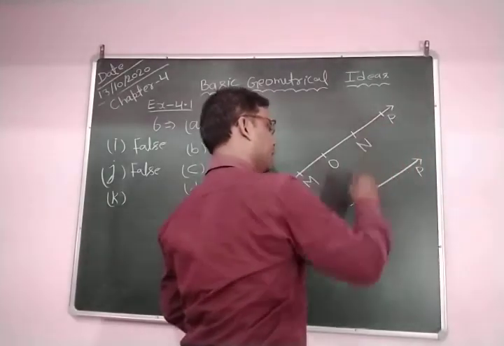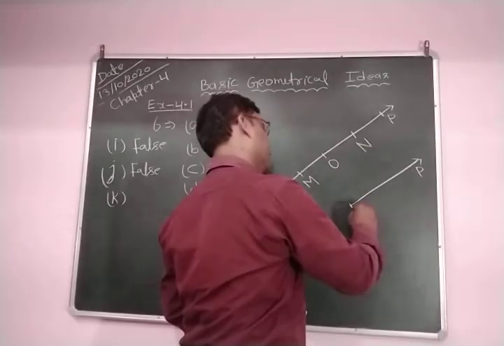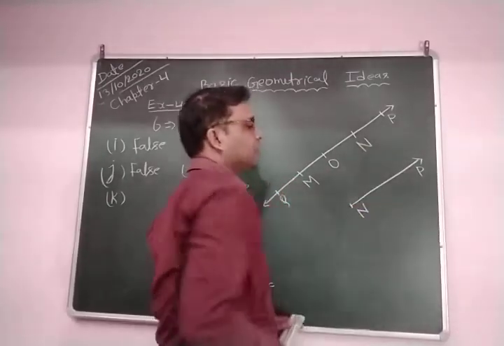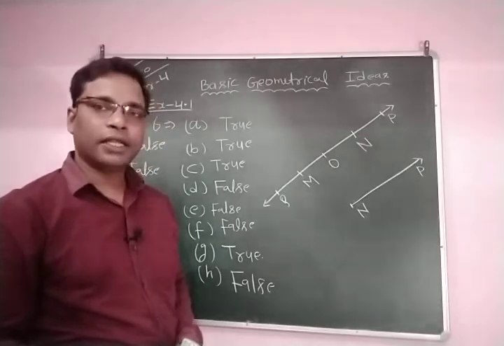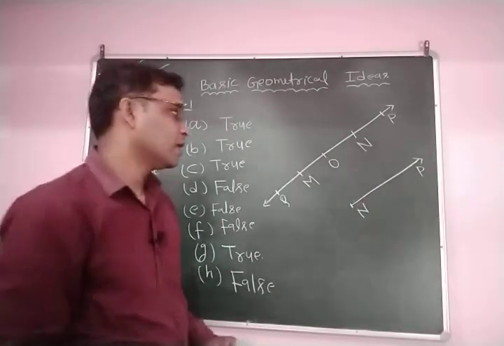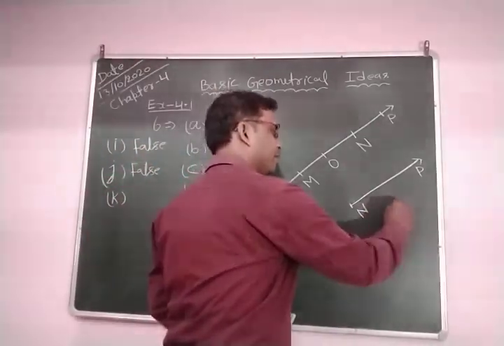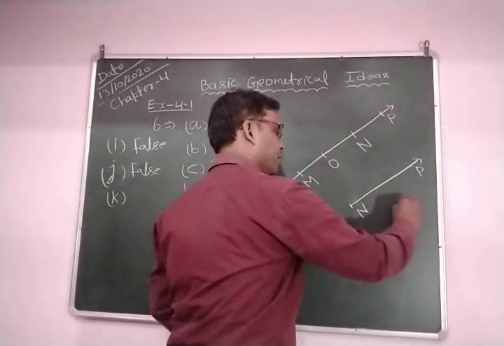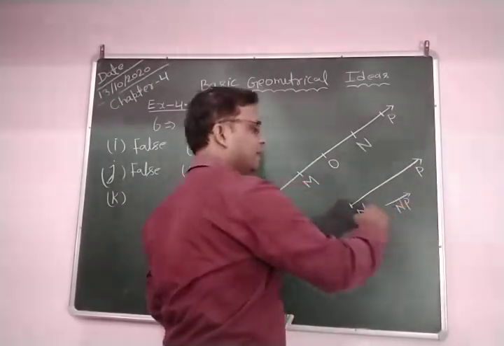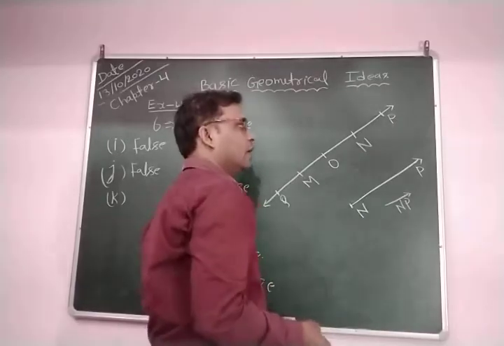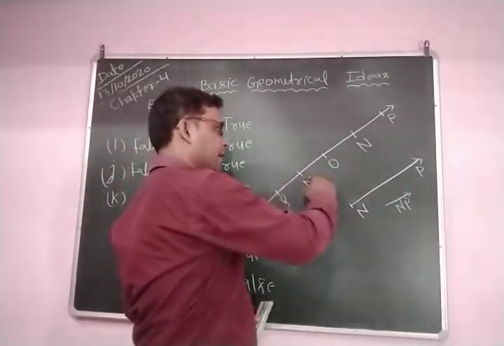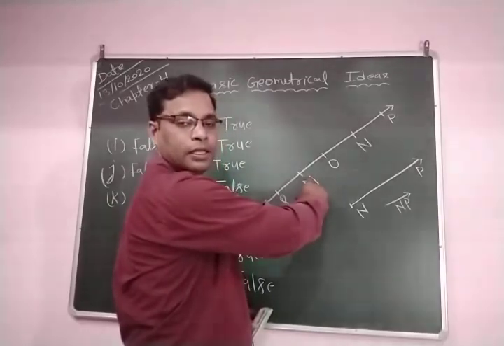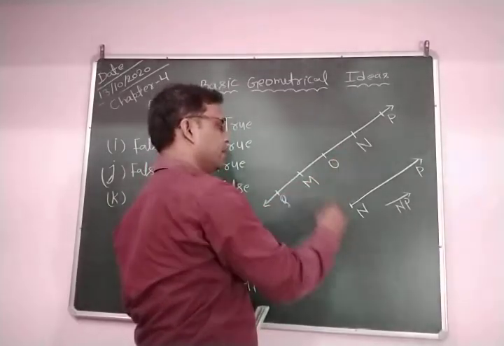P is here, N is here. Here you can see point N is the initial point of this ray NP. This is ray NP, and point N is the initial point. And the next ray is NM.